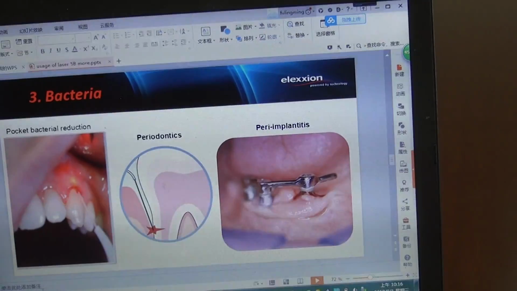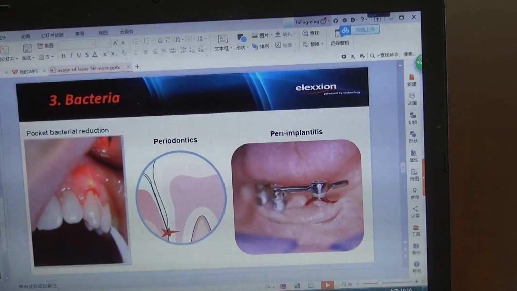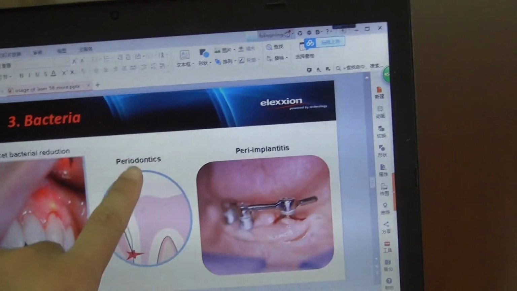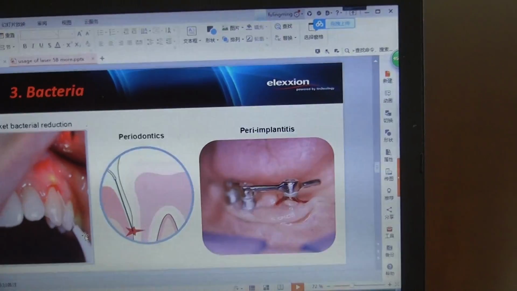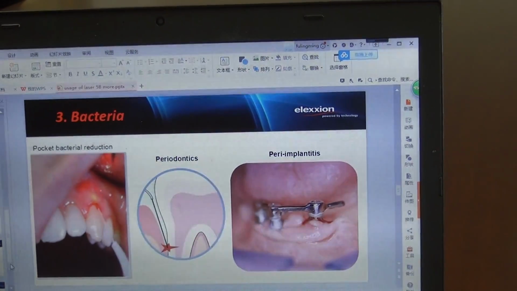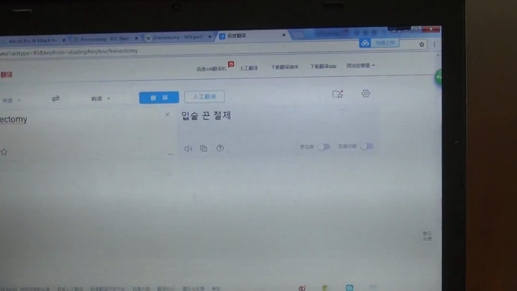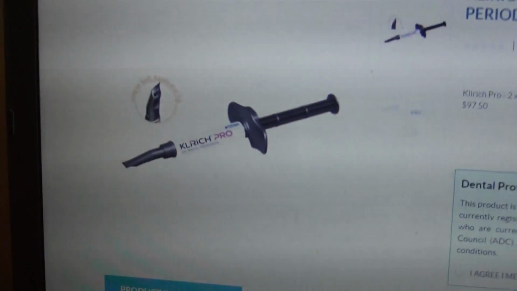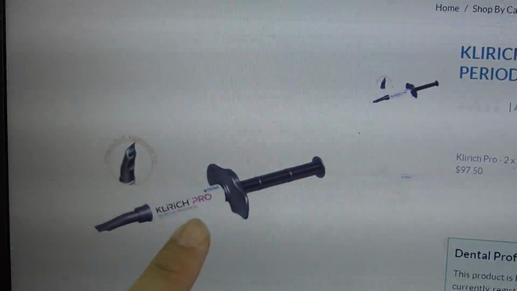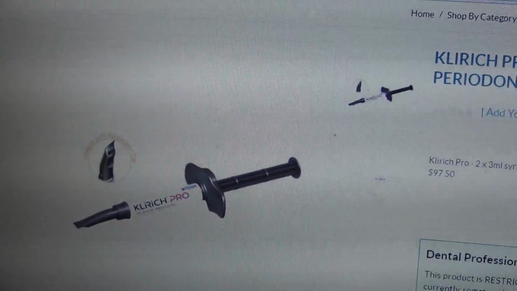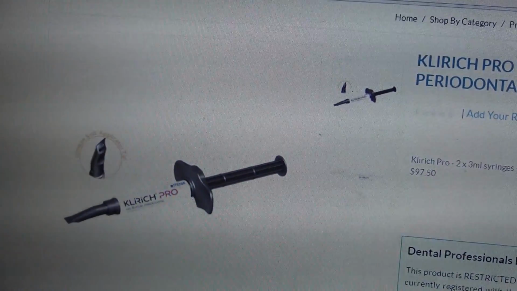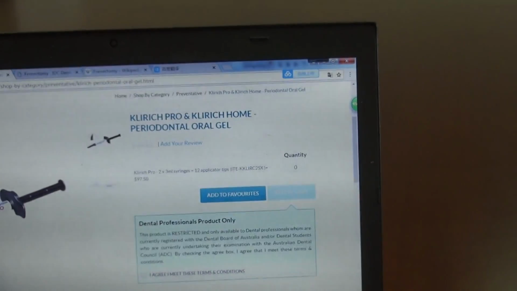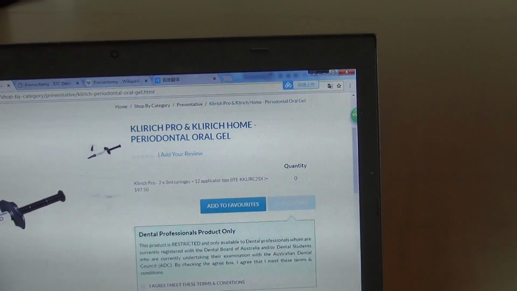By the way, another question I had at the exhibition is about reducing bacteria in the pocket. When I traveled to other countries, they told me about a brand of liquid. This brand, Clearlich, is a kind of gel to kill the bacteria inside the pocket, for peri-implantitis.